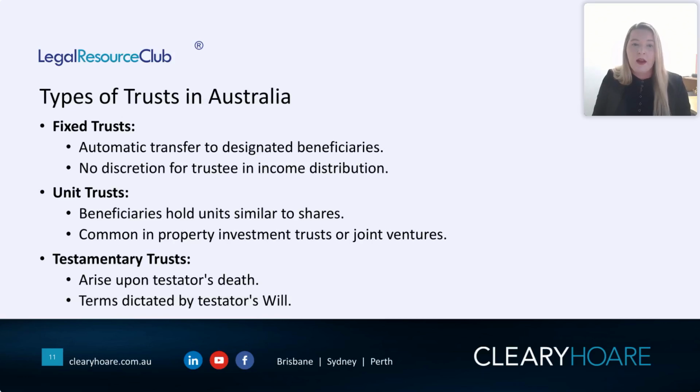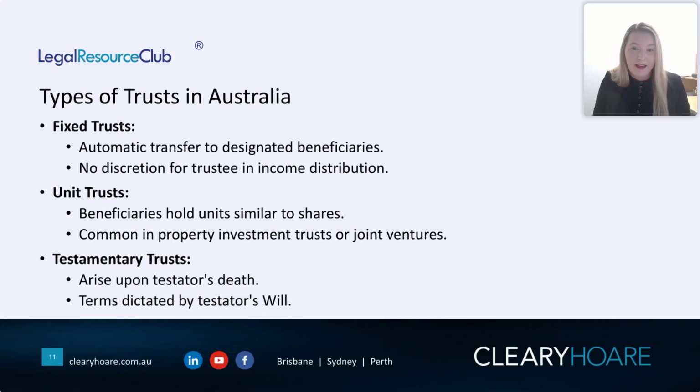Some of the reasons in which a unit trust may not be a fixed trust is where, for example, the trustee can vary the terms of the trust without the unanimous consent of the unit holders. That would make it non-fixed. If there are multiple classes of units and the trustee has the ability to issue different classes of units, that would make it non-fixed.